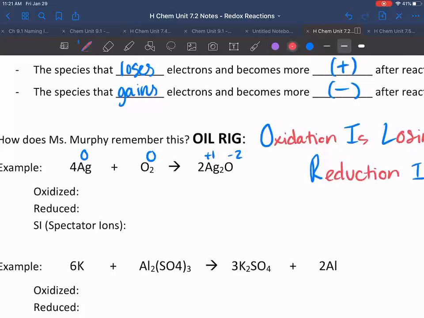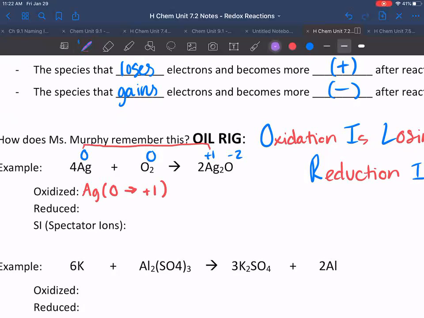If I follow silver from the reactant side to the product side, it goes from 0 to plus 1. It becomes more positive, therefore it is oxidized. So I'll write silver as my oxidized, and it goes from 0 to plus 1.